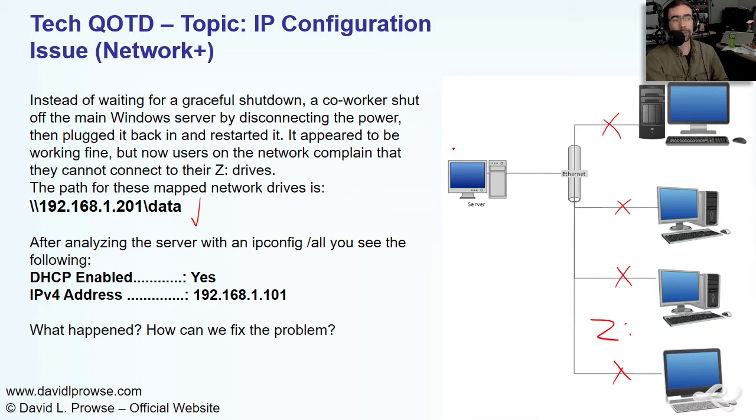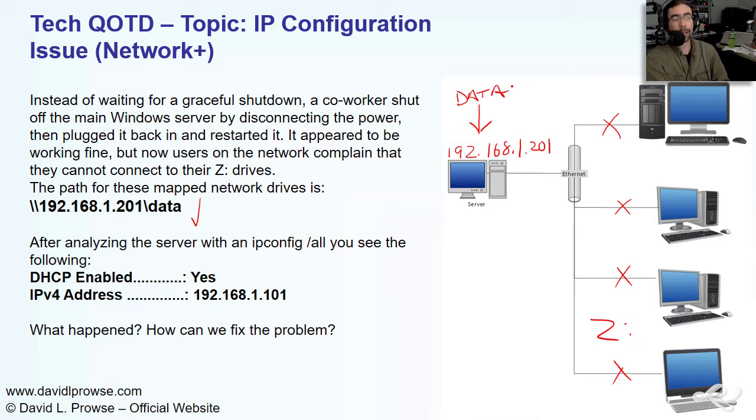That tells us that most likely is the server IP. This guy is 192.168.1.201, or at least should be. And the clients are connecting to a share on this guy called data, or at least they were in the past.